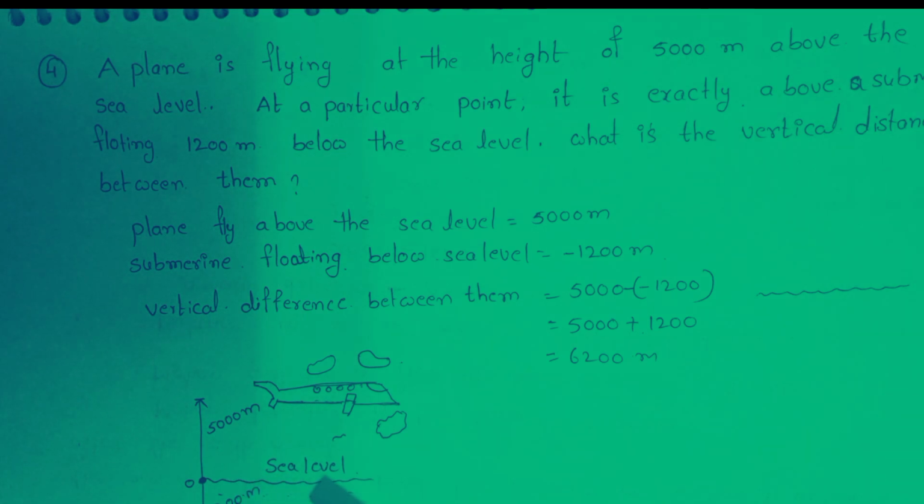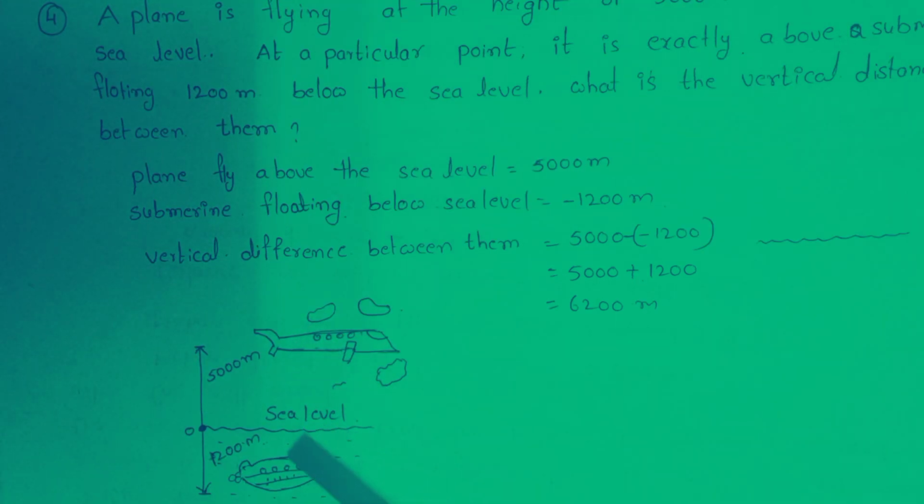This is the sea level. So above the 5000 meters the plane will be going. Then it is exactly above submarine floating 1200 meters below the sea level. Submarine here exactly straight, same time exactly below sea level, below 1200 meters inside of the sea.